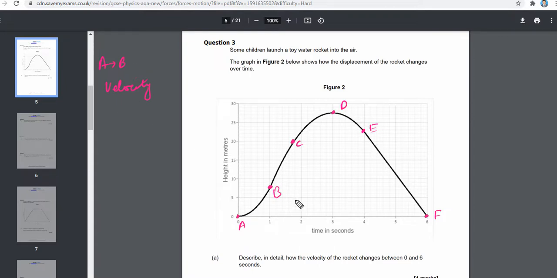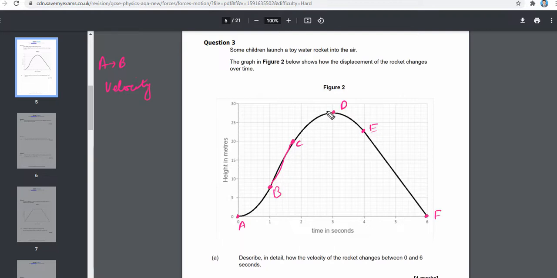Because you see there's an increasing graph. It's not a straight line, it's an increasing curve. So whenever we have an increasing curve, it means its gradient is increasing, and the gradient of this graph gives us the information about the velocity. So where the gradient is increasing, the velocity is increasing. If the gradient is in the positive direction, the velocity is in the positive direction.